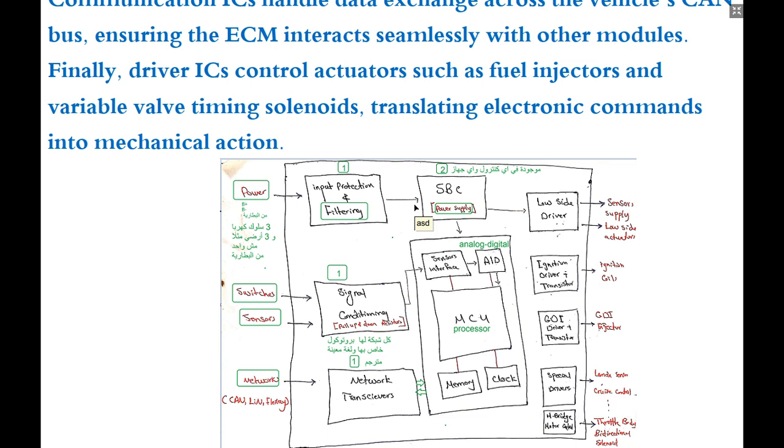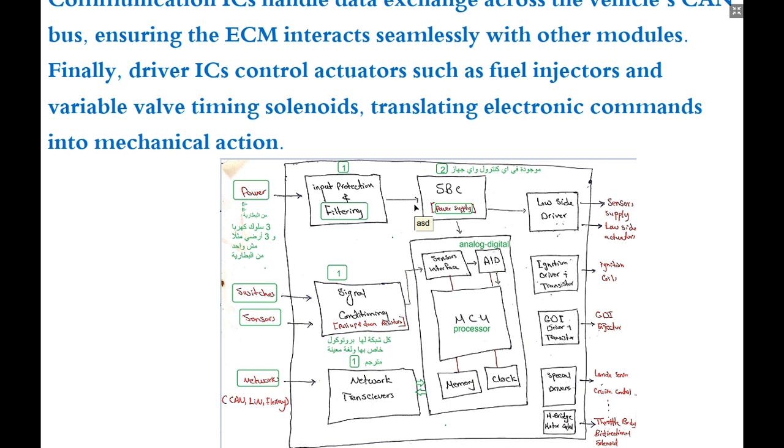We just need the average voltage from the battery. So the input protection can make the voltage an average value.